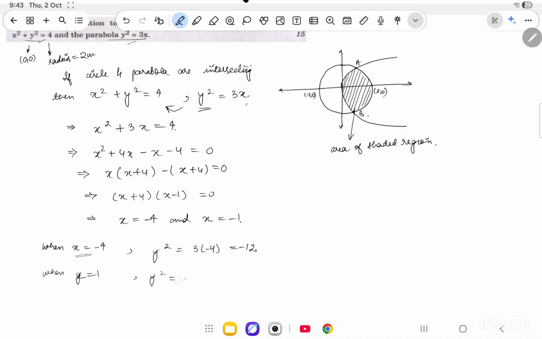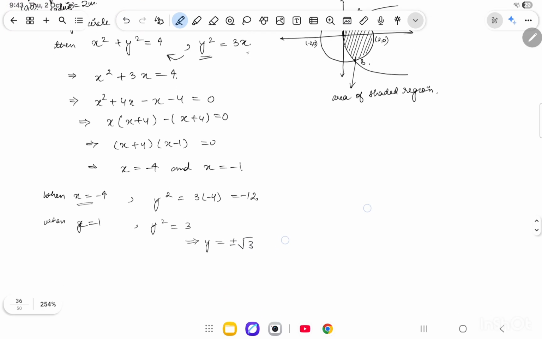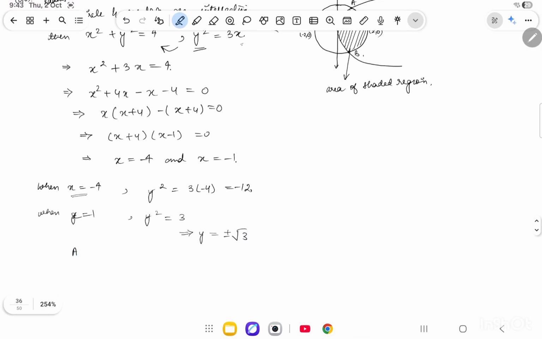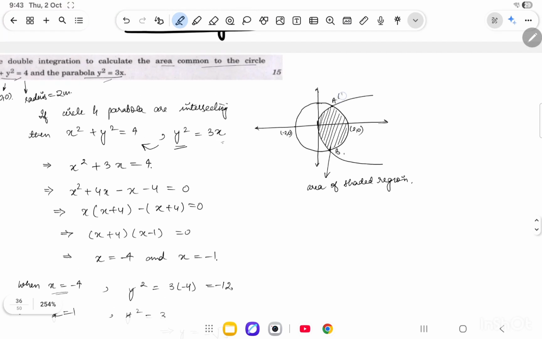So y square equals 3, which gives y as plus minus under root 3. So the intersection points are A, that is 1 comma under root 3, and B, that is 1 comma minus under root 3. Now we are supposed to find the area.